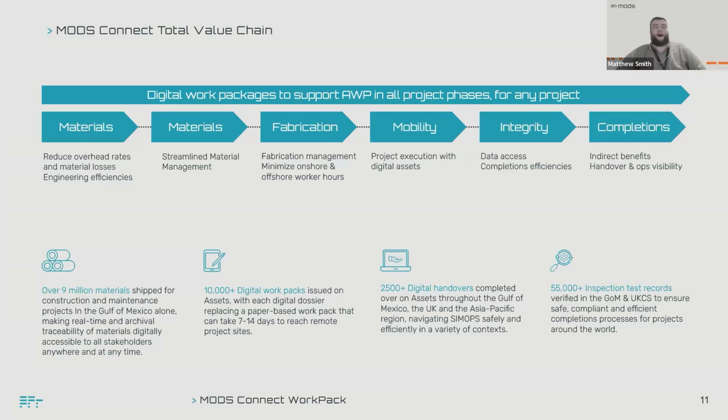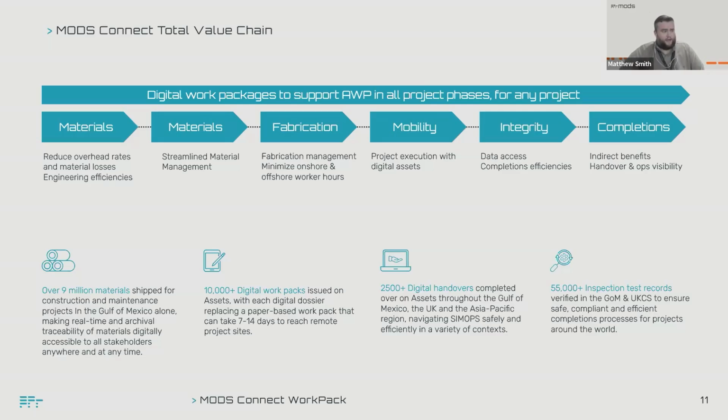Post-PO material control of getting those materials to where they need to be. Fabrication, using the fabrication tracker, being able to track the fabrication of the fabricated items, and then of course moving into the fabrication dossiers as the output.